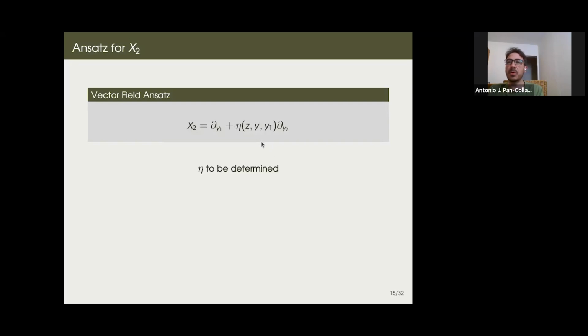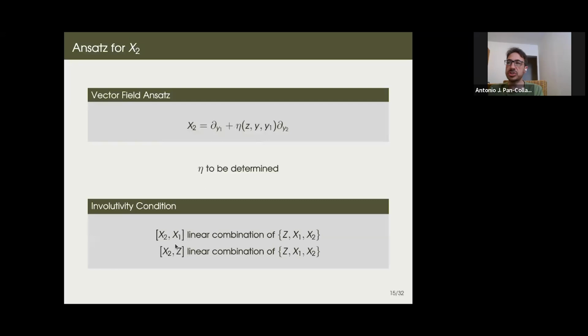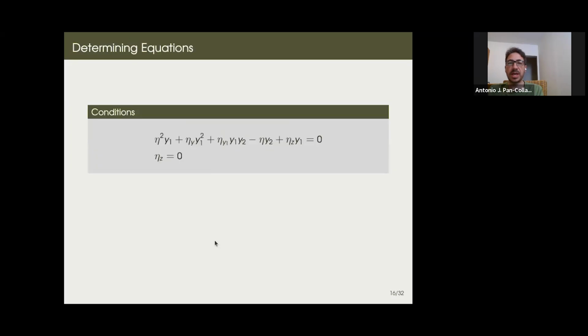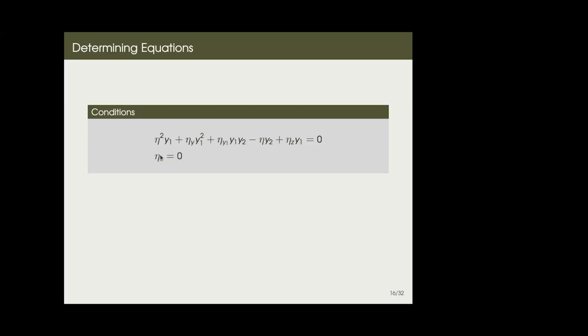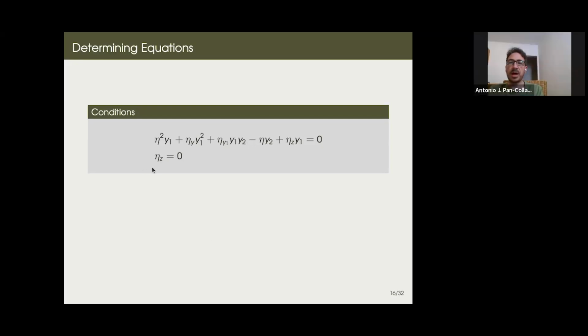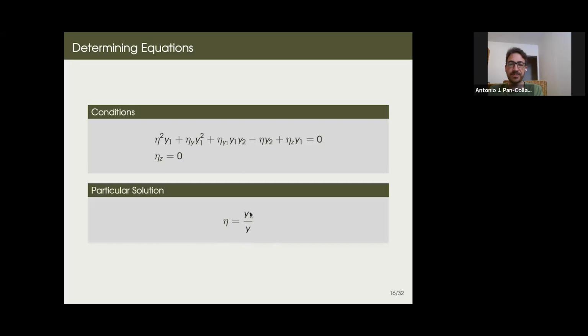And we impose the involutivity condition to the distribution generated by X1 and X2. And these involutivity conditions get translated into this system of partial differential equations for eta. It is not hard to find a particular solution, as this one that you can see here.